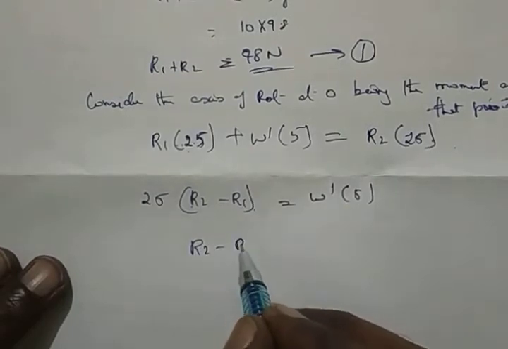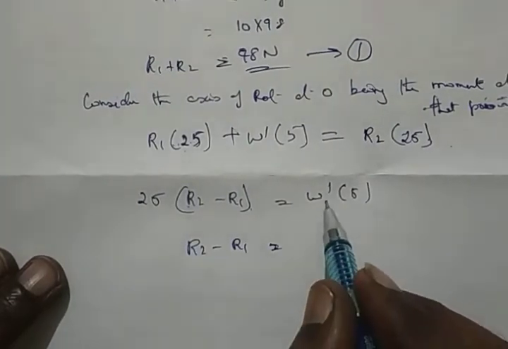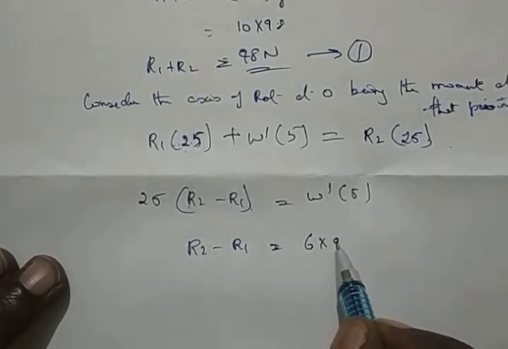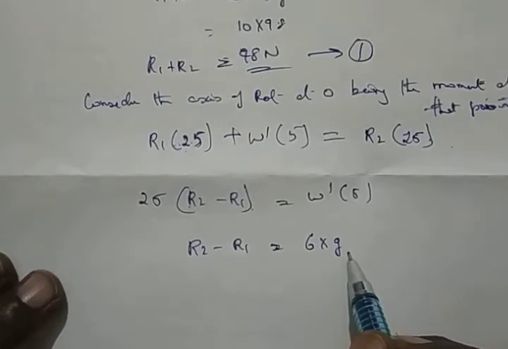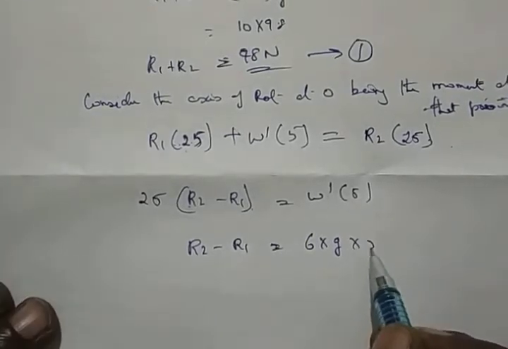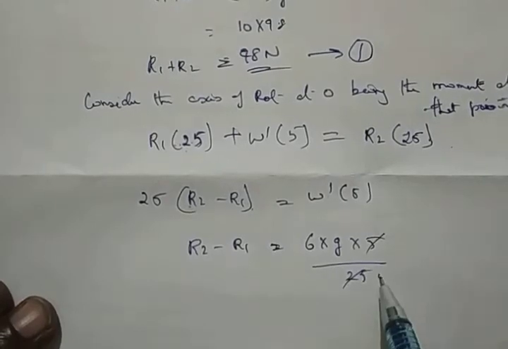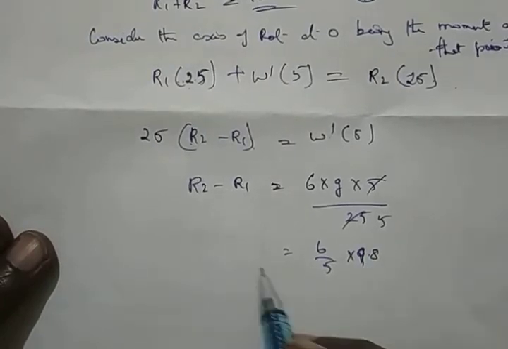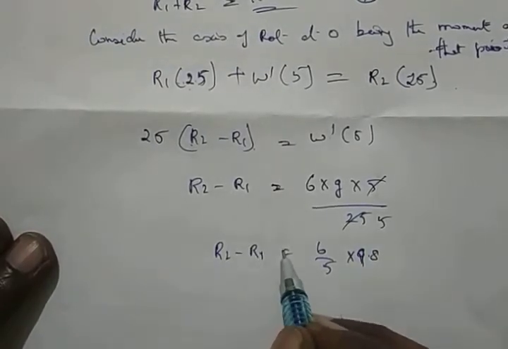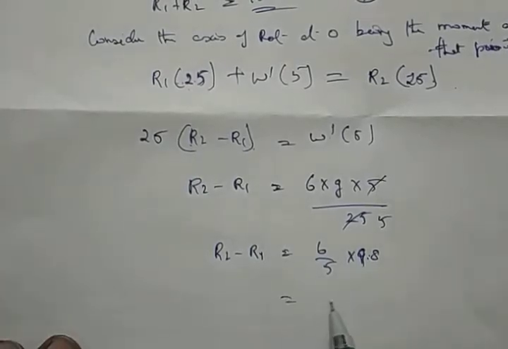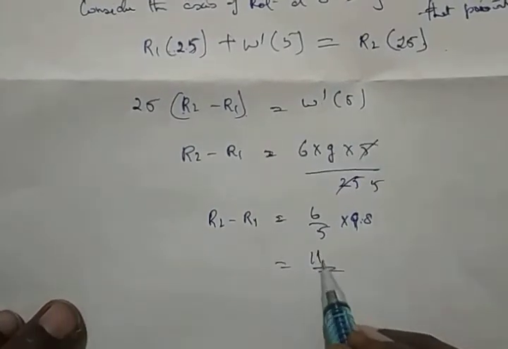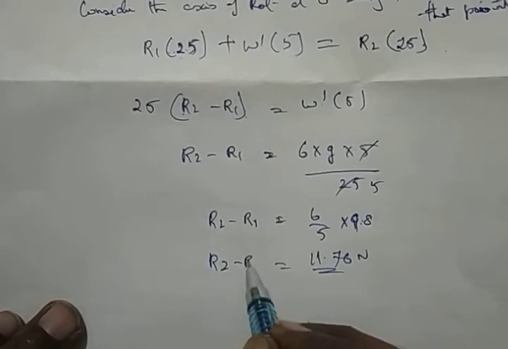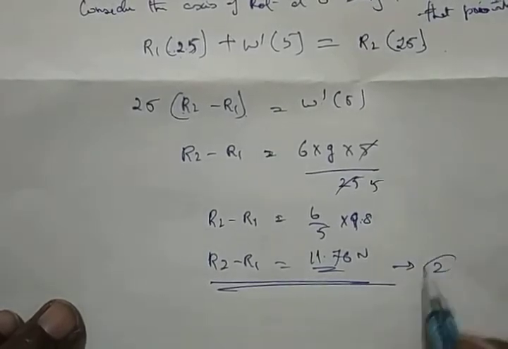So R2 minus R1 is going to be equal to, what is W dash? 6 kg. 6 into g, 9.8, into 5 by 25. So this is 5. So it is going to be 6 by 5 into 9.8. That is R2 minus R1. So what is the value here? The value you will get is 11.76 newtons if you do this one. That is R2 minus R1. This is equation number 2.